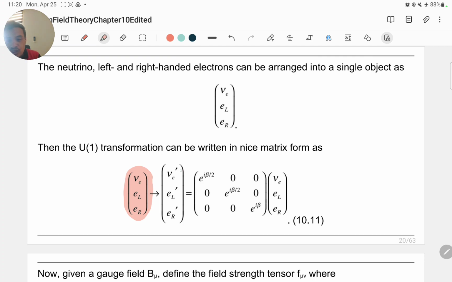So you will have this column matrix where you put the prime in each field, and the transformation factor could be written in a 3x3 matrix form, where the first two diagonal entries would be the exponential of i beta over 2, because of the weak hypercharge of -1.